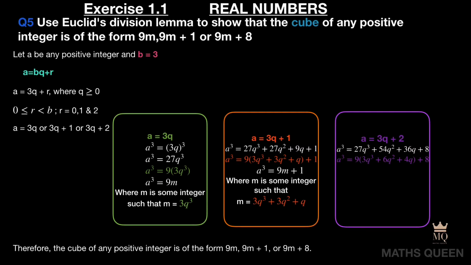So taking 9 as common, we have a cube is equal to 9 into 3q cube plus 6q square plus 4q, plus 8. So a cube is equal to 9m plus 8, where m is some integer such that m is equal to 3q cube plus 6q square plus 4q. Therefore, cube of any positive integer is of the form 9m, 9m plus 1 or 9m plus 8.